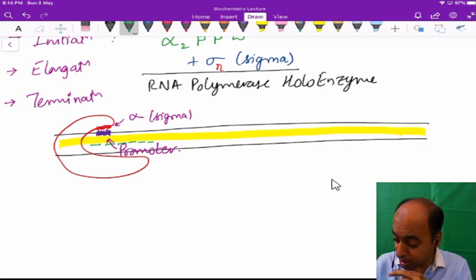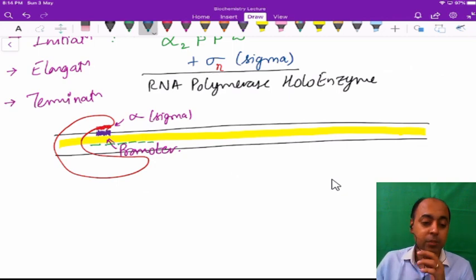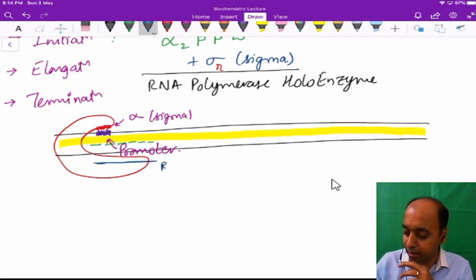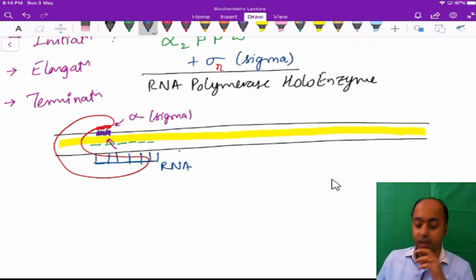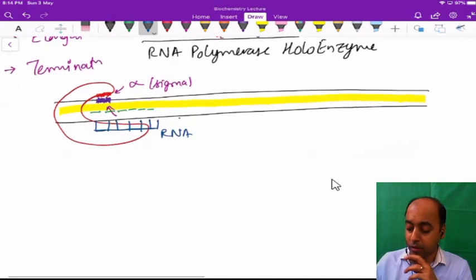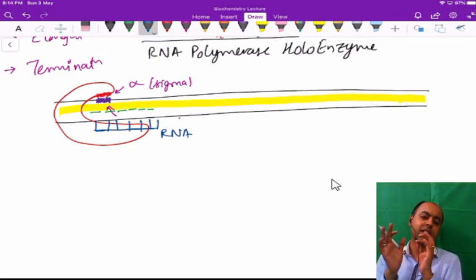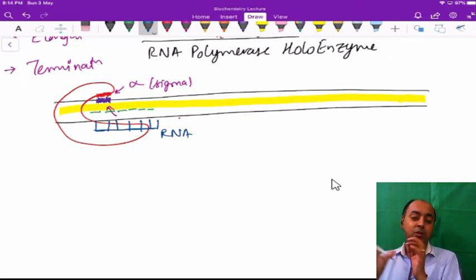Following the separation, there is synthesis of a small segment of RNA. Now, please note, previously the polymerase cannot attach to DNA anywhere except the promoter site, because the sigma subunit is able to identify the promoter site, but other segments are unable to identify any site on the DNA.